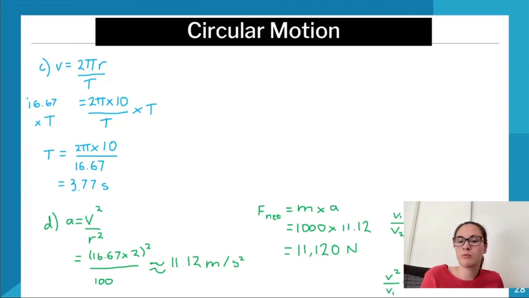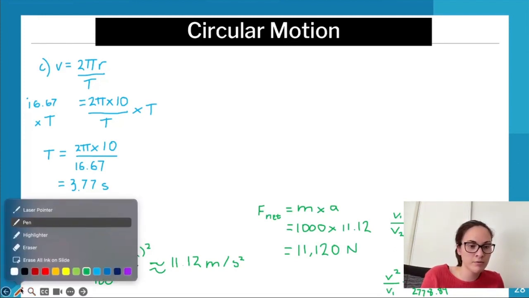So 11120 over 2778.89. Yeah. So we could say a word answer, and I'm wondering if I can actually type.